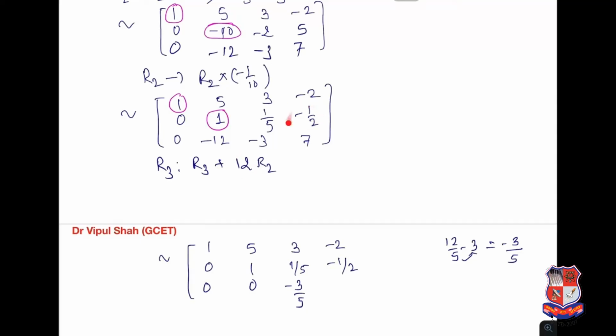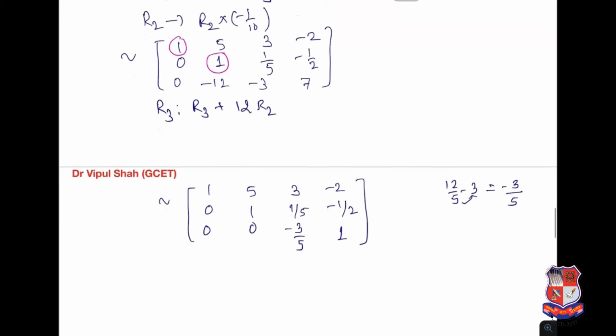Next, multiplying by 12 gives minus 6 plus 7, that is nothing but 1. So that's all.